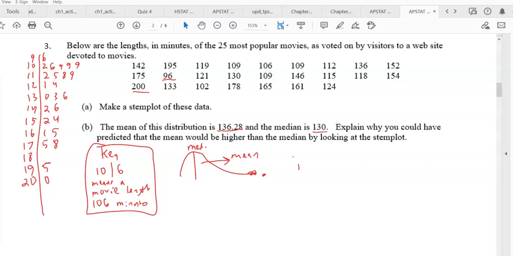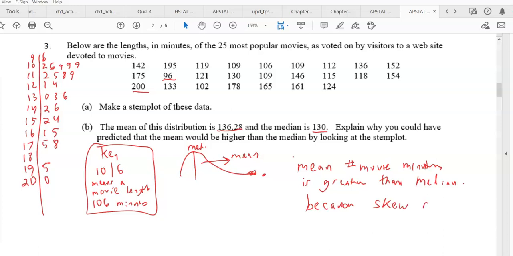And so the mean, number of movie minutes, is greater than the median, because the graph of the distribution of movie lengths is skewed right. Then talk in context, that's the idea.